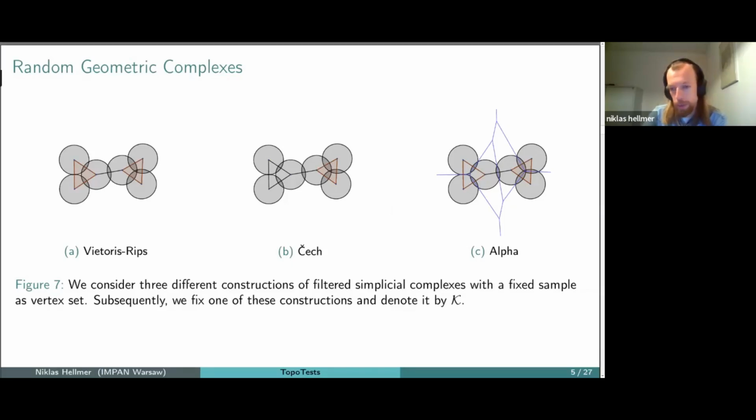For actual computations, if we have low-dimensional samples, of course, the alpha complex is computationally the best. Okay, so when I'm showing you some numerical experiments later on, those will use the alpha complex.